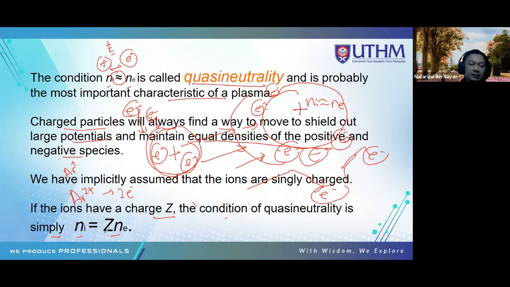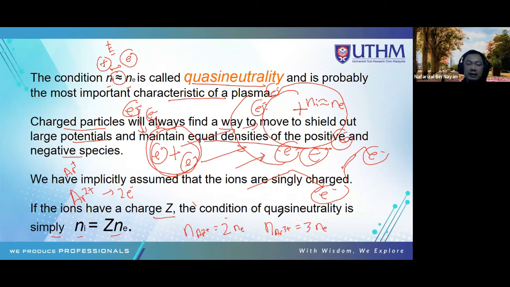So the number of argon 2 plus is equal to 2 Ne, and the number of argon 3 plus, for example, is equal to 3 Ne.